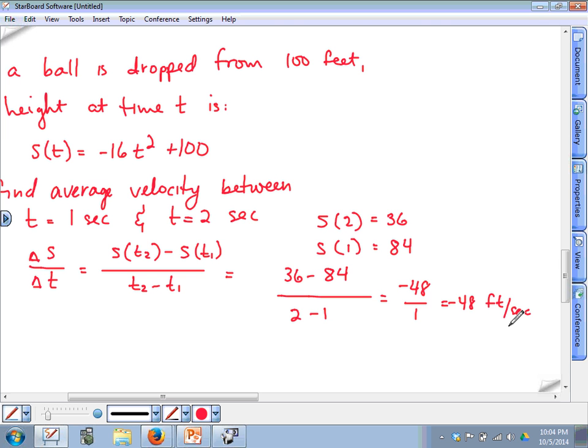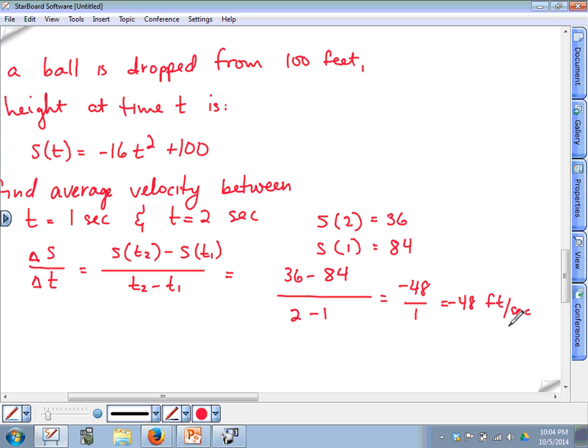Now, just to be clear here, the velocity is negative. What that means is traveling towards the origin. If the velocity were positive, it would be traveling away from the origin, which makes sense in this case because the ball is falling down towards the ground. So with respect to an observer on the ground, the ball is moving towards that observer.